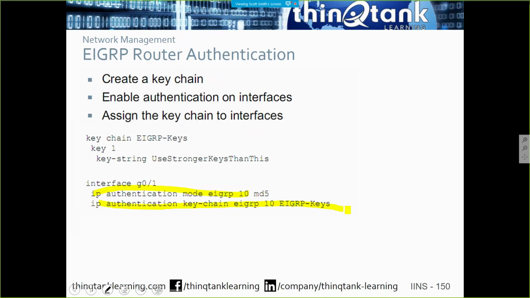Yes, another important reason for NTP to be in sync, because of your key lifetime. If I send the OSPF update with key 1, you need to be able to verify that update with key 1. And if your time is different and your key is expired, then you can't verify the update, and the routing process fails at that point.